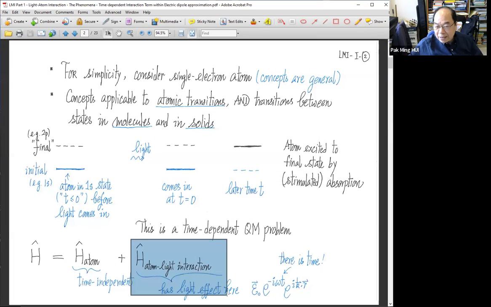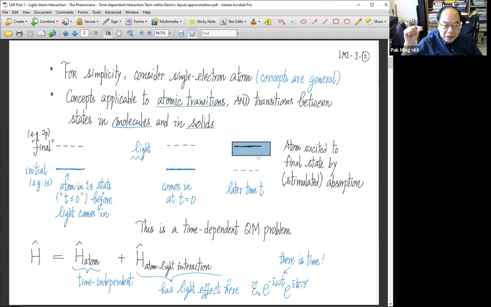Light comes in, and after time t, what is the probability the atom is now found to be in an excited state? That will be the question that threads through the whole module.